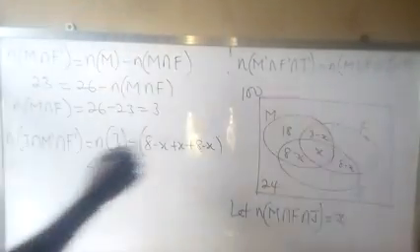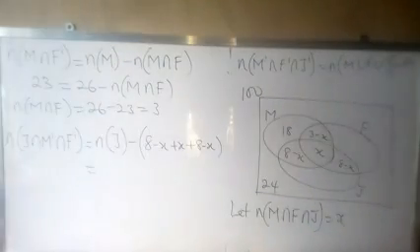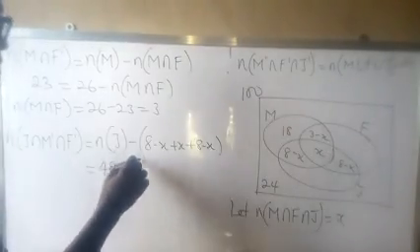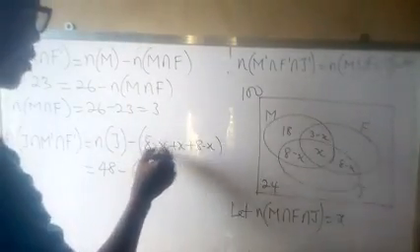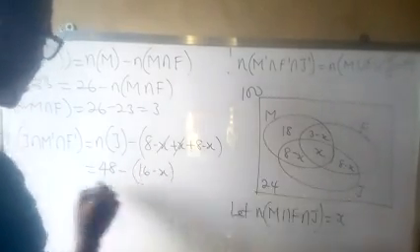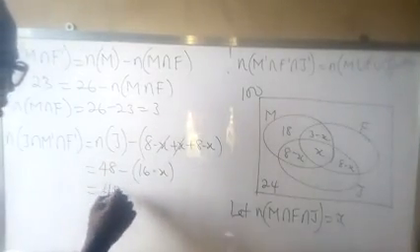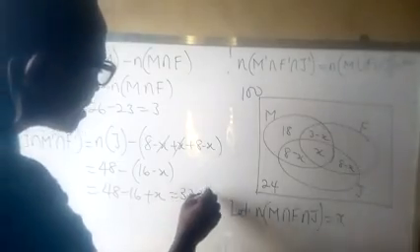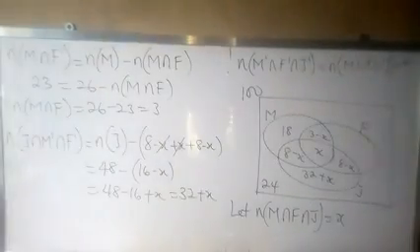So January is 48. 48 minus, 8 minus x plus x, that cancels. 8 plus 8 is 16, 16 minus x. So this gives us 48 minus 16 plus x, which is 32 plus x. So this column will be 32 plus x. I hope you are getting it.